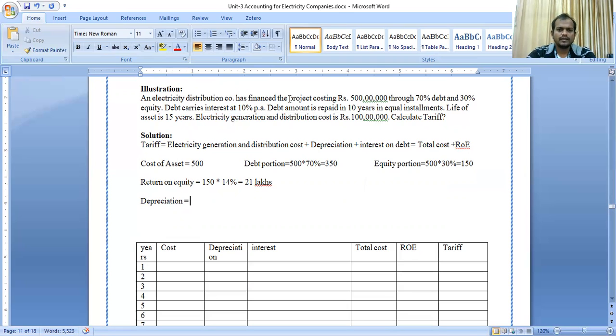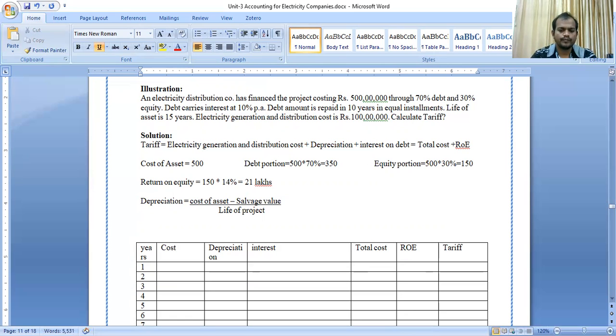Cost of asset minus salvage value by life of project.